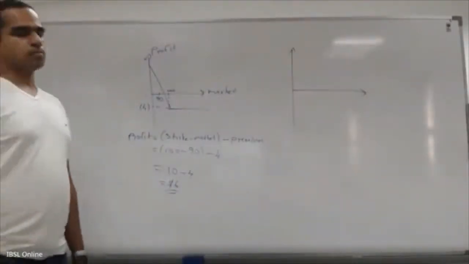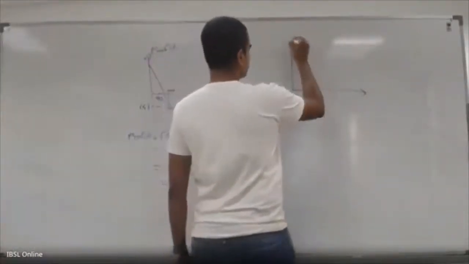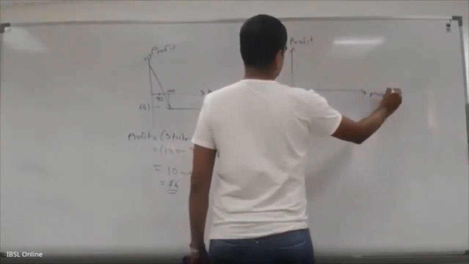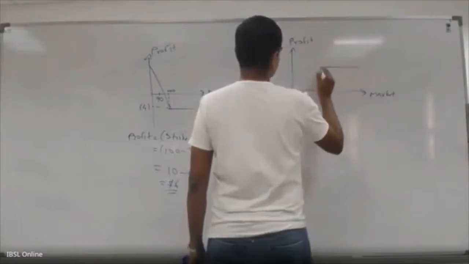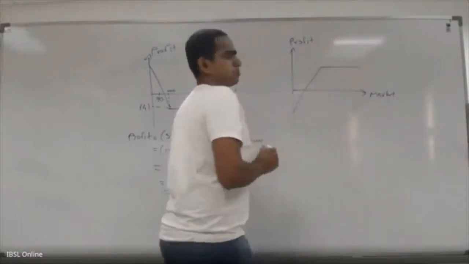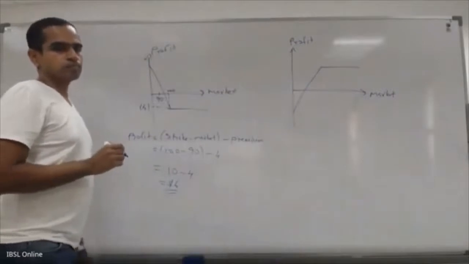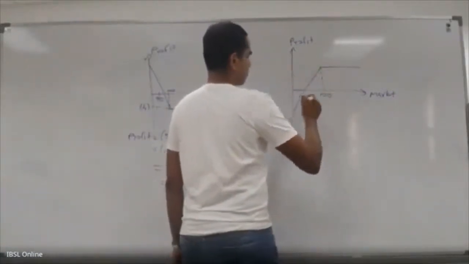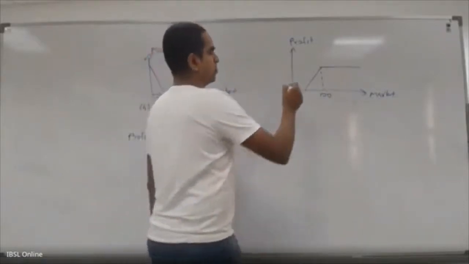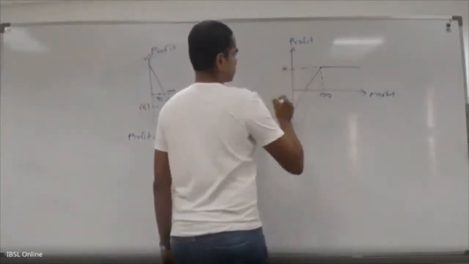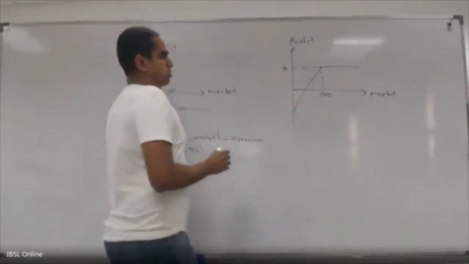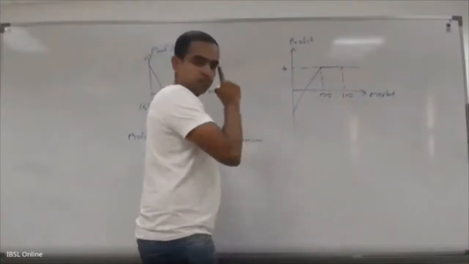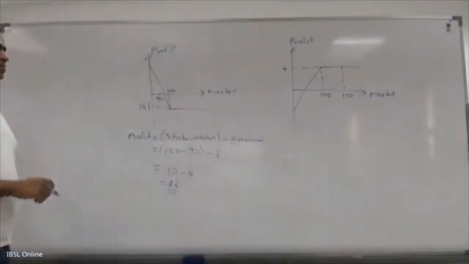Short put option. Strike price 100. Premium 4. Stock price 110. So this is an out of the money option, isn't it?